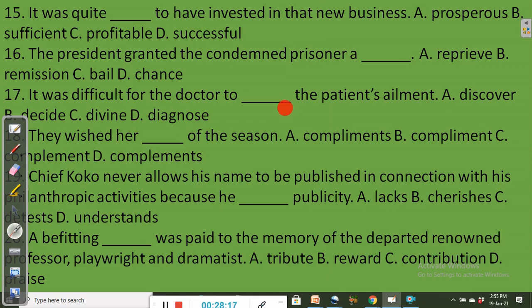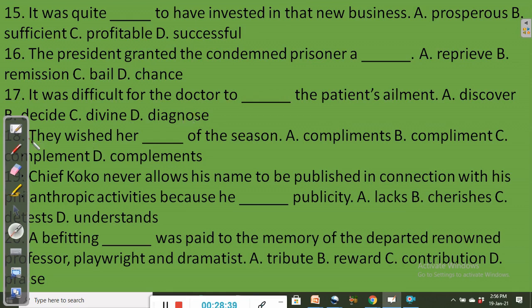It is diagnosis when the doctor examines a patient to find out the cause of that particular ailment by looking at the symptoms. It means that you are talking of diagnosing here.